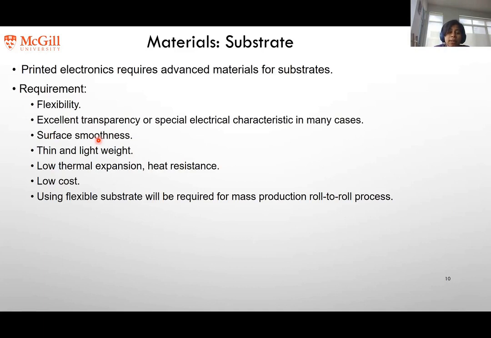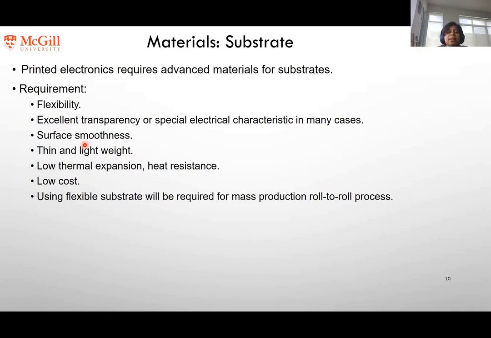And then we want the surface to be smooth. We want them to be thin and lightweight. We want them to be as heat resistant as possible. And of course, we want them to be low cost, because the whole idea of using printed electronics is also lowering the cost.